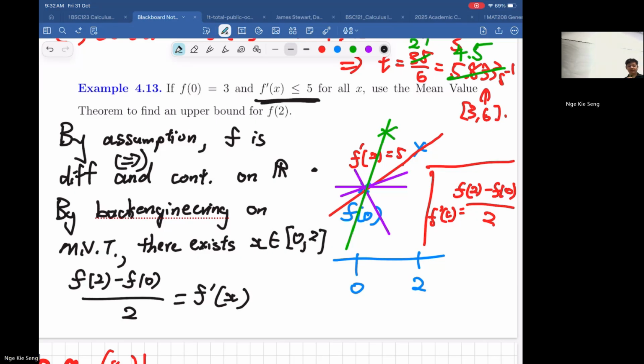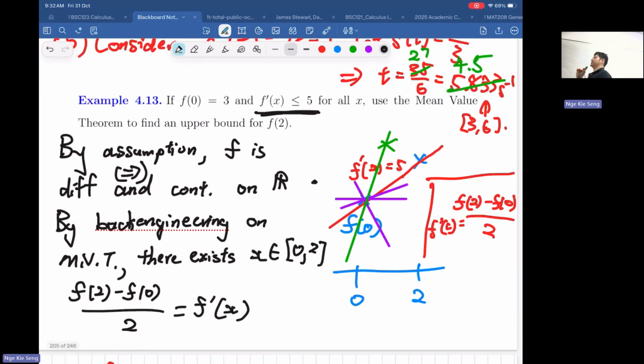But the question says for all x this number cannot be greater than or equal to 5, no matter what. So this f prime x is less than or equal to 5. Maybe I should make this into c, so you know this point is already fixed, it's chosen already. But the f prime x here is for all x.